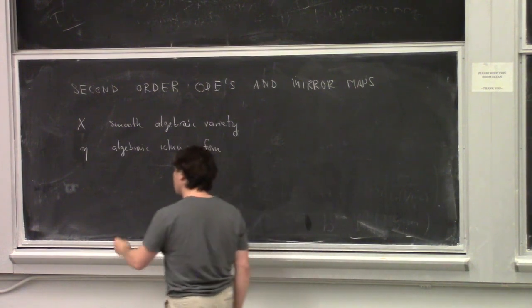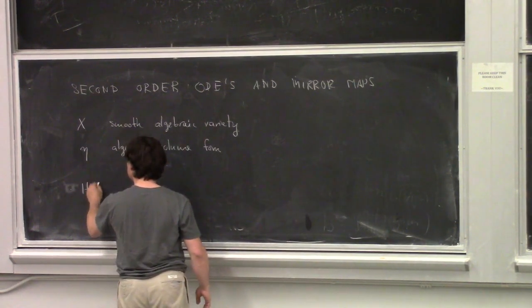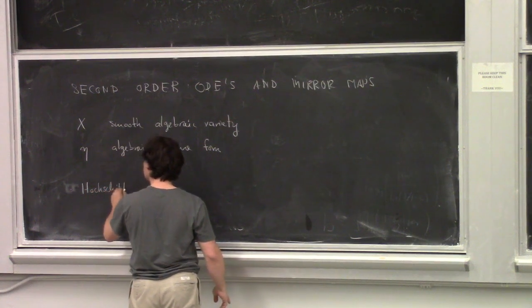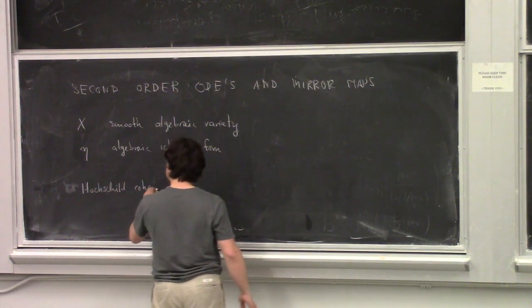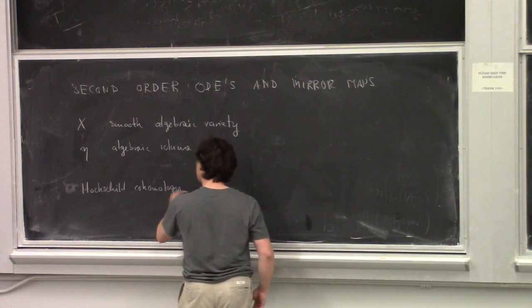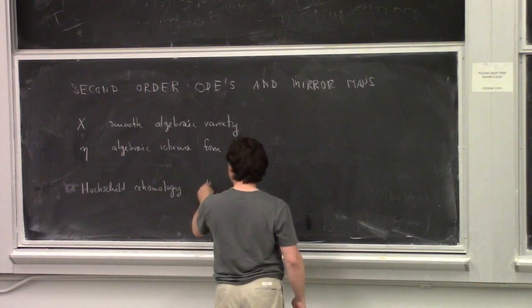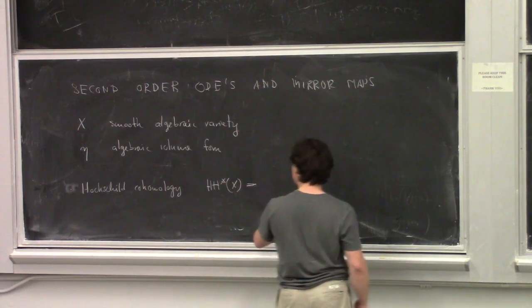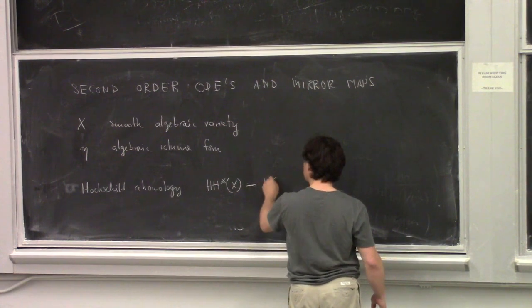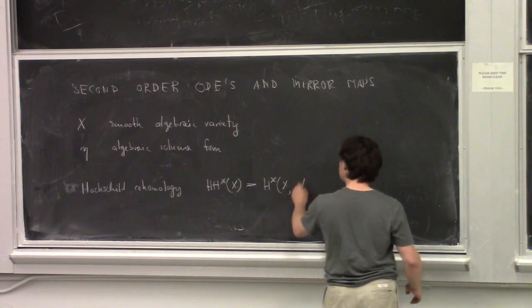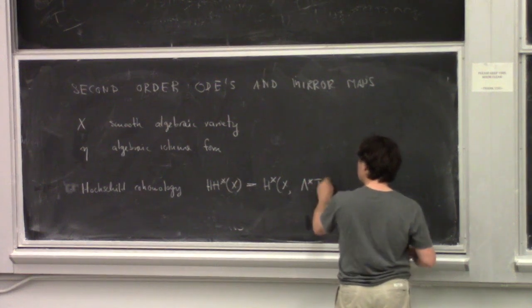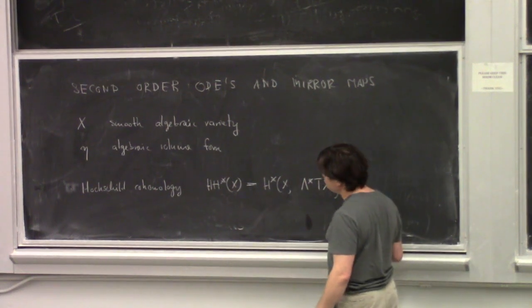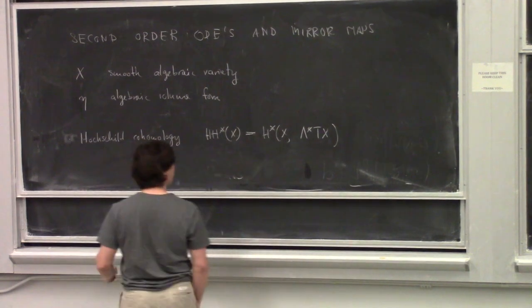And I want to look at its Hochschild cohomology. For the purpose of simplicity, I will just identify it with what the Hochschild-Kostant-Rosenberg theorem says it is, the cohomology of the exterior powers of the tangent bundle. Okay?